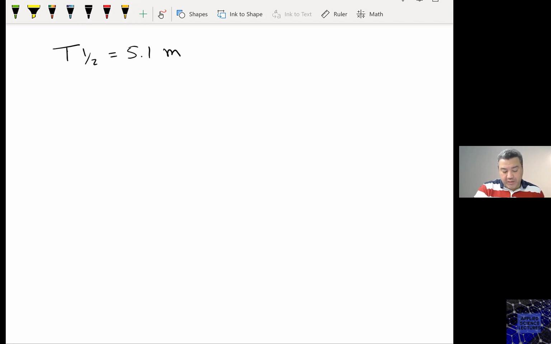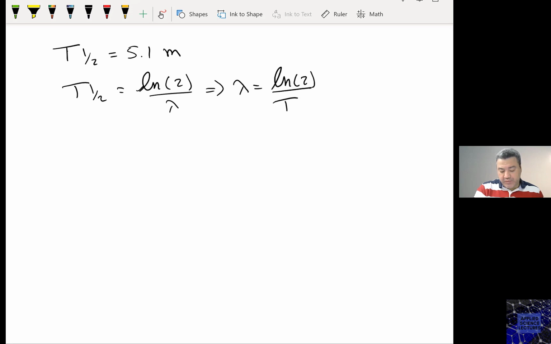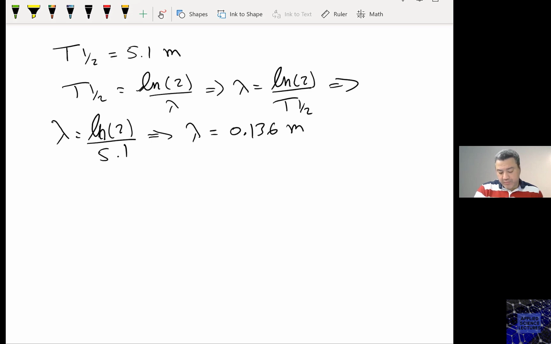We said t half equals natural logarithm of 2 divided by lambda, so lambda equals natural logarithm of 2 divided by the half time. Lambda equals natural logarithm of 2 divided by 5.1, and this lambda equals 0.136 per minute.